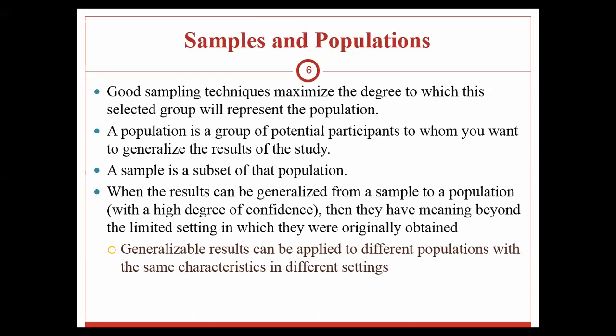A sample is a subset of that population. The results from a sample can be generalized to the population when, after you've asked these few people, you can conclude about the population with a high degree of confidence. That is what you want. Then that means these results are generalizable.